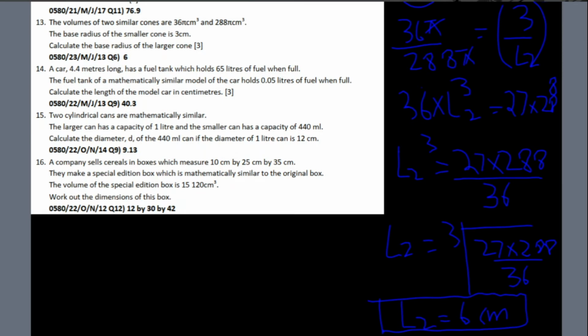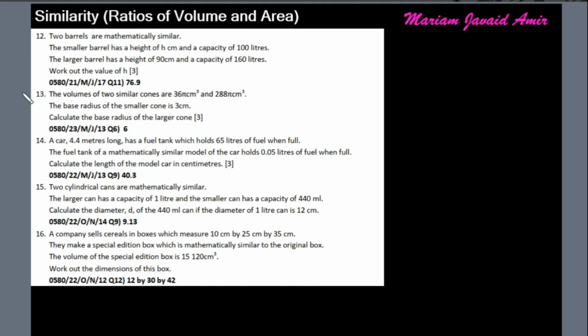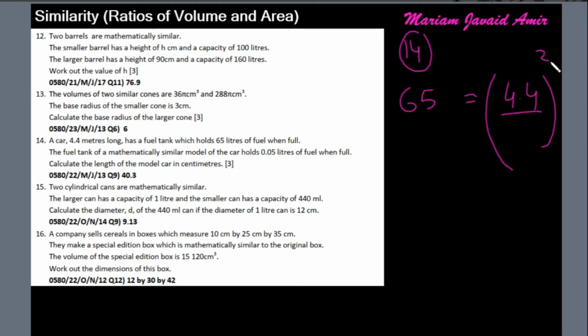Question 14. A car 4.4 meter long has a fuel tank which holds 65 liters of fuel when full. So 65 is V1 and the corresponding length is 4.4, whole cube, over the fuel tank of a mathematically similar model of a car, which holds 0.05 liters.